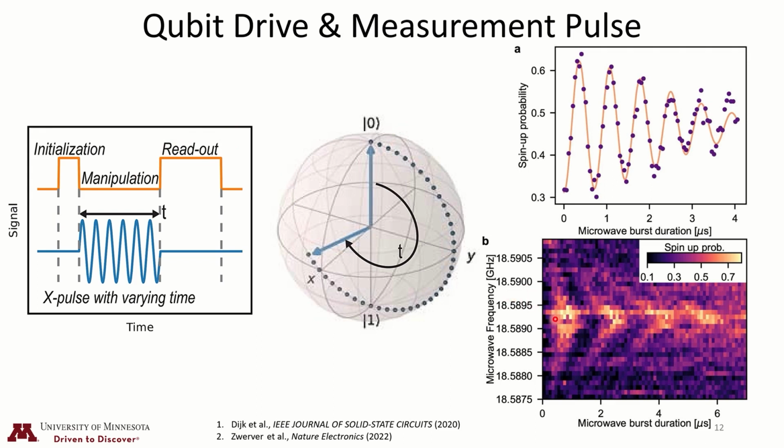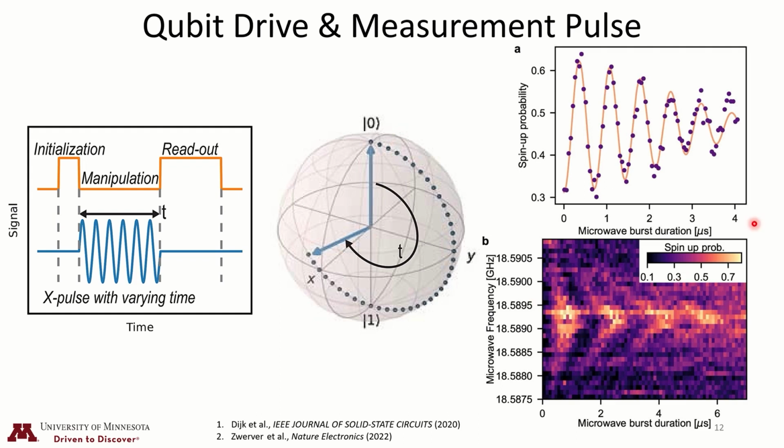Here, this is just a 2D diagram of these microwave pulses, these burst durations on the order of microseconds. You can see there are some bright spots in this diagram, which is called a chevron diagram.